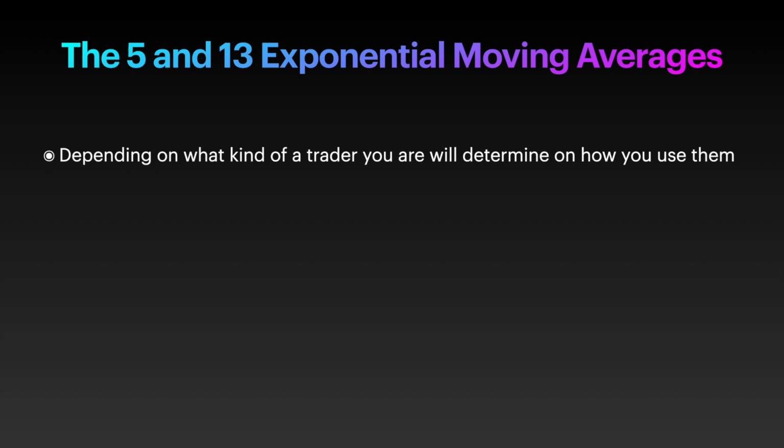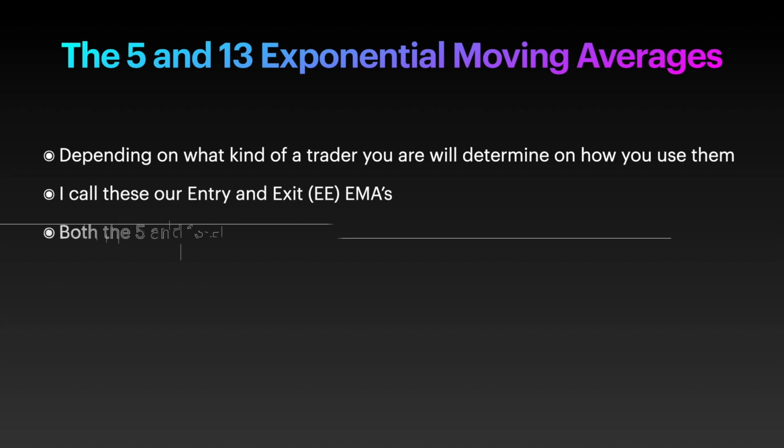If you're a conservative trader, you're going to use them in a specific way. If you're an aggressive trader, you're going to use them in a completely different way. So I like to call these our entry and exit EMAs, or EEs. Both of these EMAs simply allow us to have a confirmation on entry and also on exits.